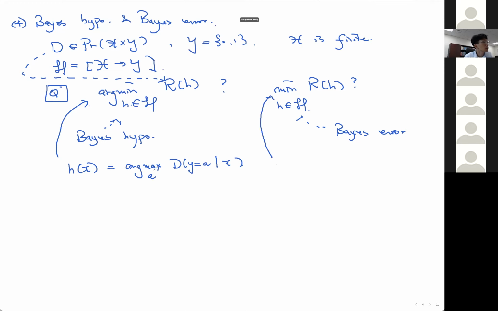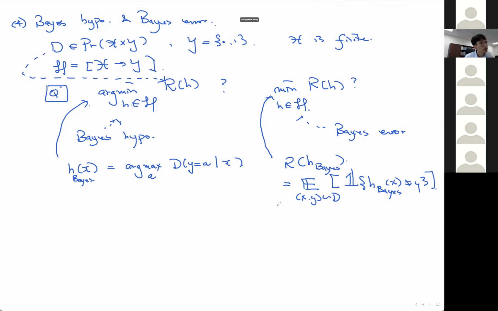Now let's compute the risk of the Bayes hypothesis. It is an expectation over X comma Y where h Bayes of X is not equal to Y.